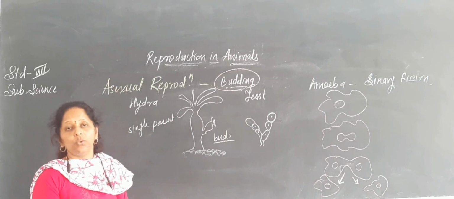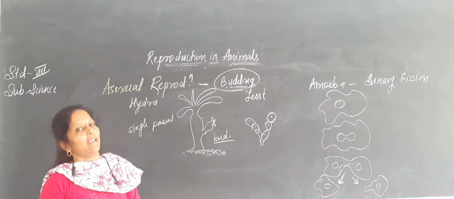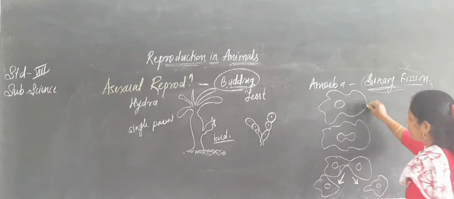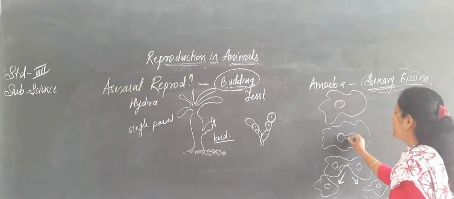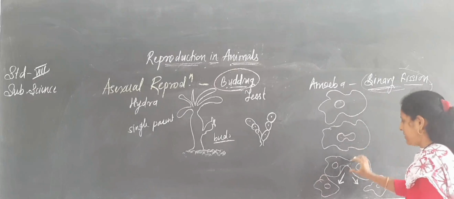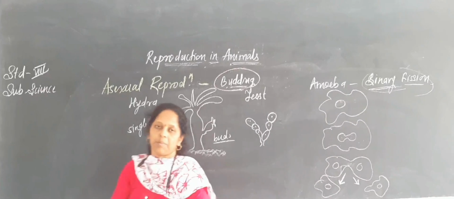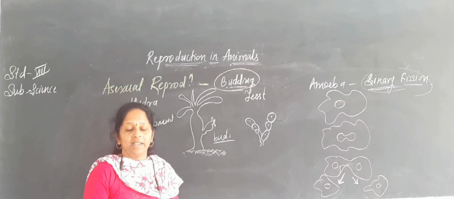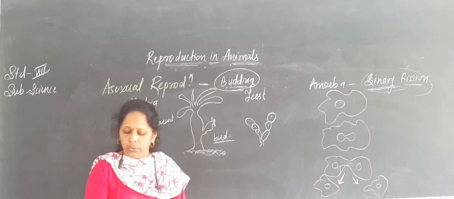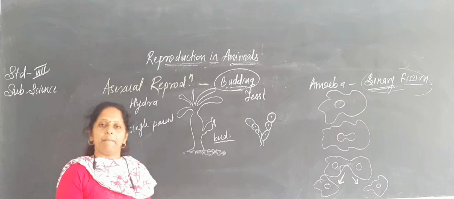The nucleus starts to divide, and then the body of the amoeba also divides, the cytoplasm and cell membrane dividing, and then the daughter amoebas form. This process, in which a single animal reproduces by dividing into two individuals, is called binary fission.